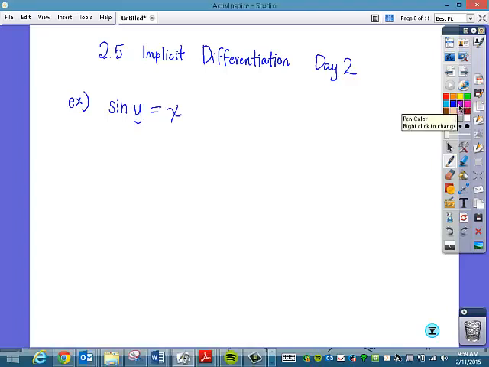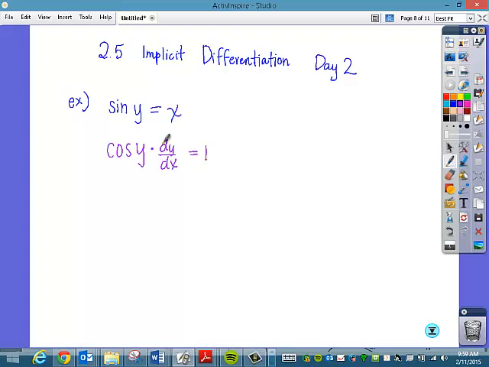So the derivative of sine is cosine. Remember, you keep the insides the same. And then you have to take the derivative of y, which is 1, and because I'm taking the derivative of something involving a y, I gotta stick a dy dx in there. And then the derivative of x is just 1.